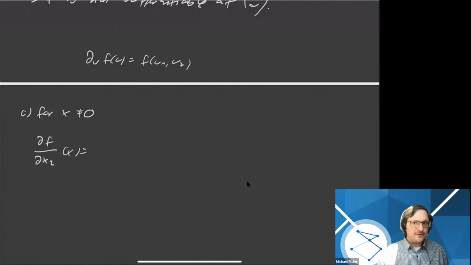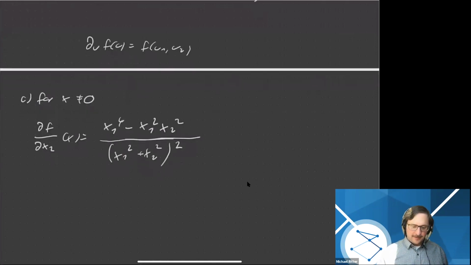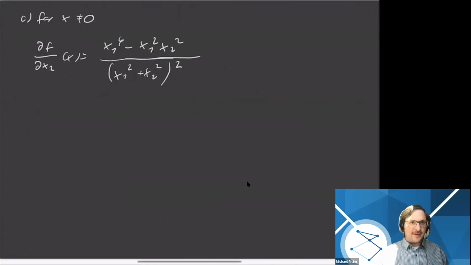It's basically the quotient rule applied. I'm just giving you the result. You can do the differentiation yourself, I hope. It should look like this: x1 to the 4th minus x1 squared x2 squared, divided by x1 squared plus x2 squared, squared. Okay, so that's how the second partial derivative looks outside of 0.